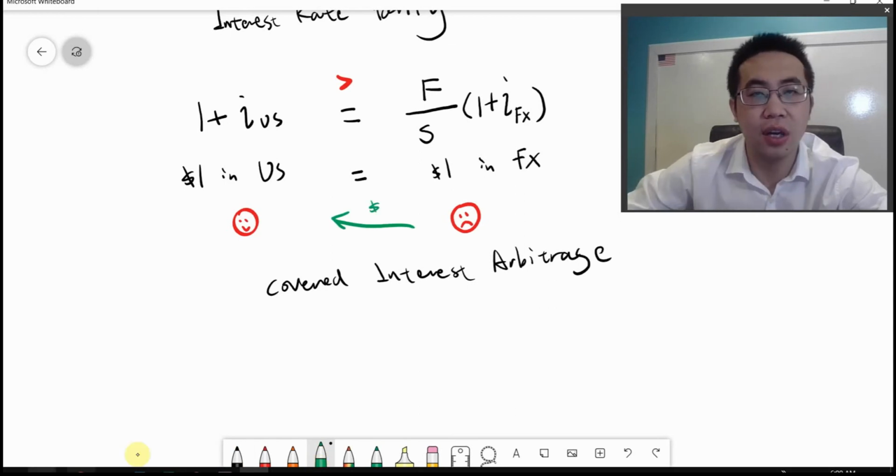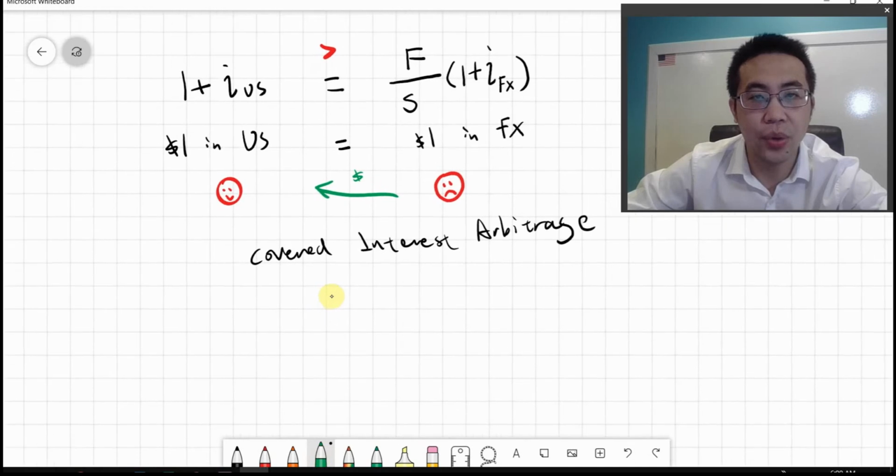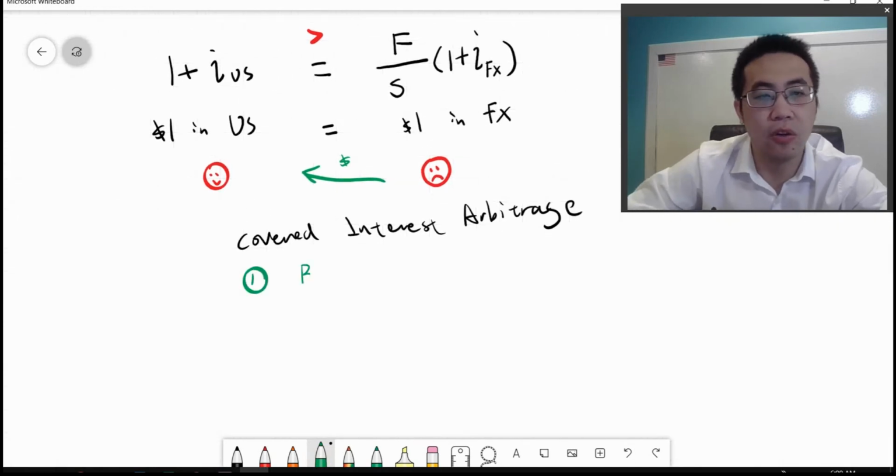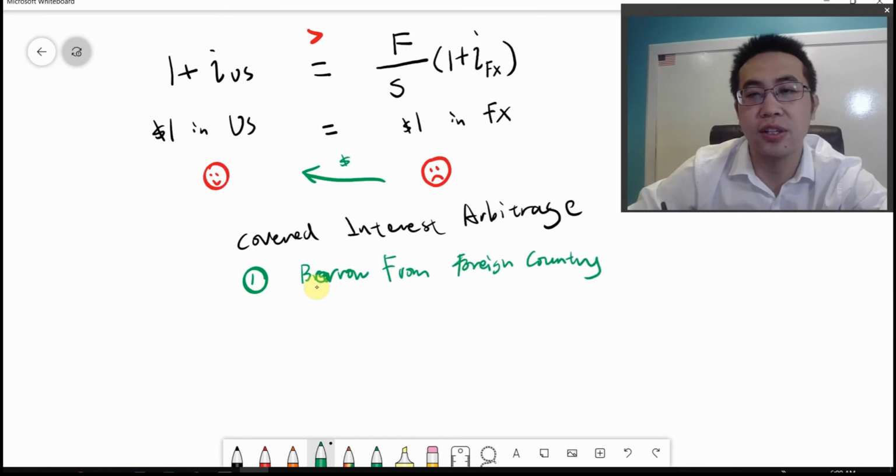In that case, this would require them to borrow from the foreign country. Let me just use the UK to represent a foreign country.